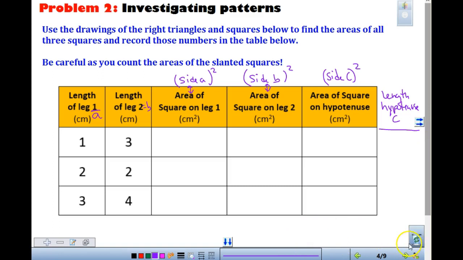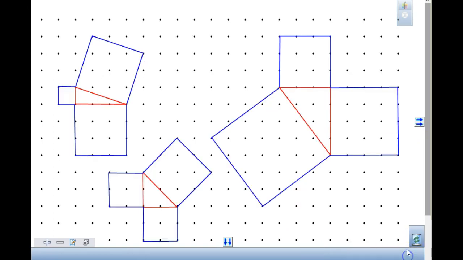Now, in your notes, this next page down is this next nice picture. If you look at this first triangle, what is my side length here? 1. So this would be A, right? Do you agree? A is equal to a side length of 1. What is the area of A? 1 also.